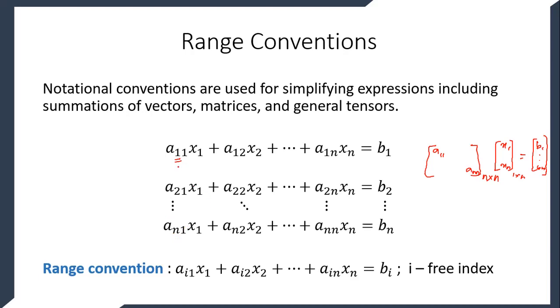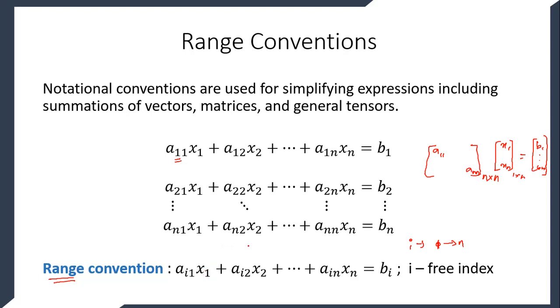Therefore, we can replace all these using one particular letter i, and we can write a_i1 x1 plus a_i2 x2 up to a_in xn is equal to b_i, where i ranges from 1 to n, and here i is called a free index. Since i ranges from 1 to n, this particular convention is called the range convention.